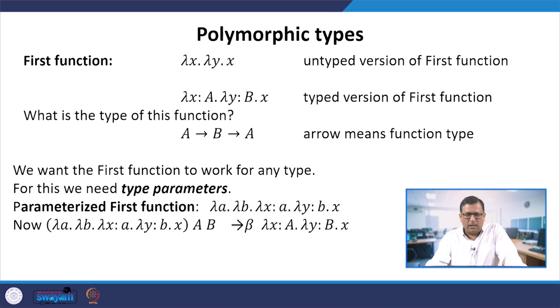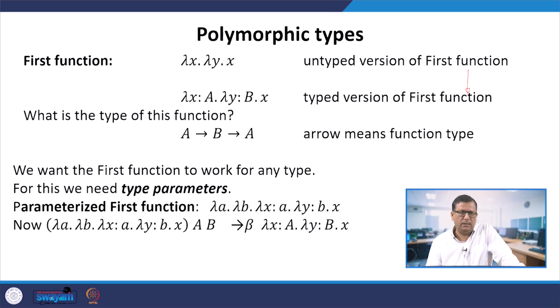Now we observe that our first transition was from an untyped lambda term to a typed lambda term. But when we have done this, we have fixed the type. Look, x has type A and y has type B, and as a result, the type of the function is A arrow B arrow A. Suppose A was int and B was bool, so int arrow bool arrow int.